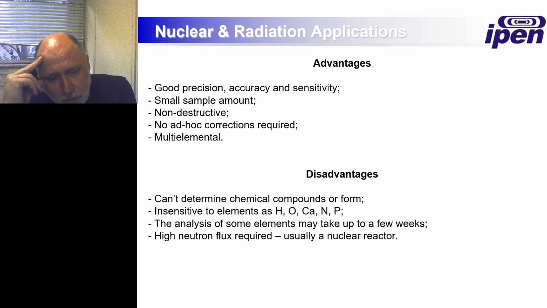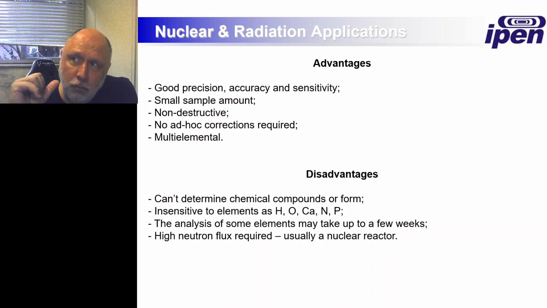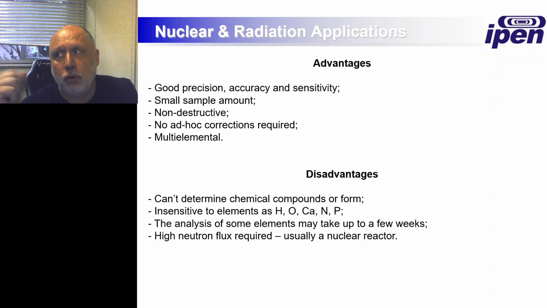The analysis of some elements may take up to a few weeks, because sometimes there's too many elements, you produce too many short-lived nuclides, so you do a measurement for them, and then you wait 2 or 3 weeks to measure the remaining ones, because the short-lived ones overpower everything and you cannot see everything, right?